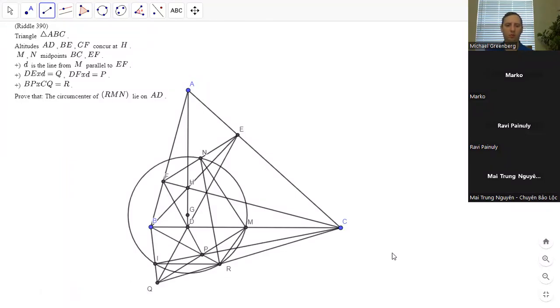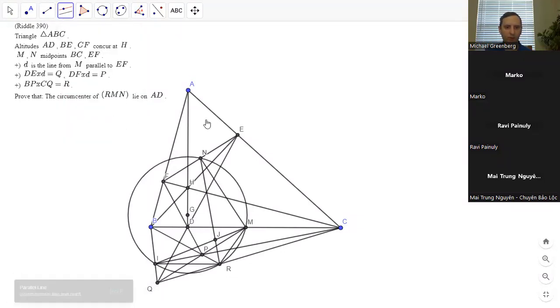Oh well, I'm just curious. Is MRIN a trapezoid?